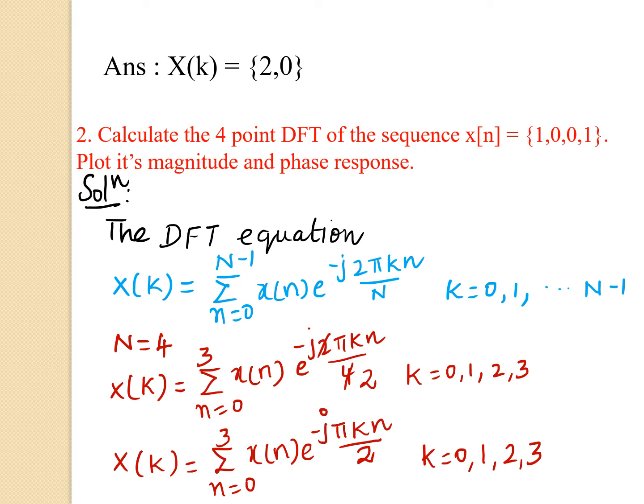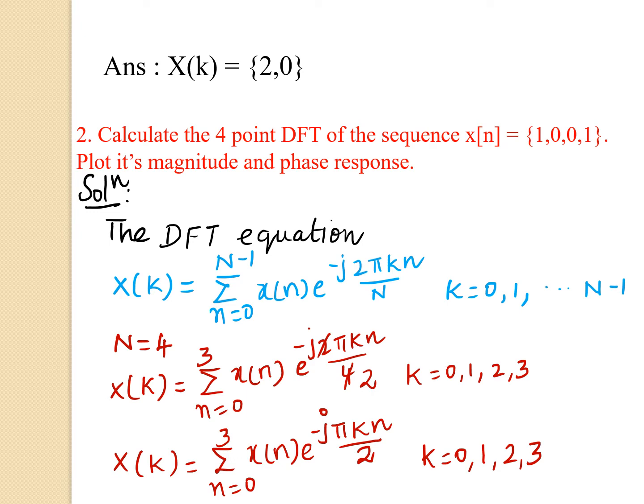So we are adopting the formula method here. So we are writing the formula, the DFT equation x of k is equal to summation extending from n is equal to 0 to n minus 1 x of n into e power minus j 2 pi into kn over n for k ranging from 0 to n minus 1. So in here we have 4 elements in x of n, so that our n is equal to 4.